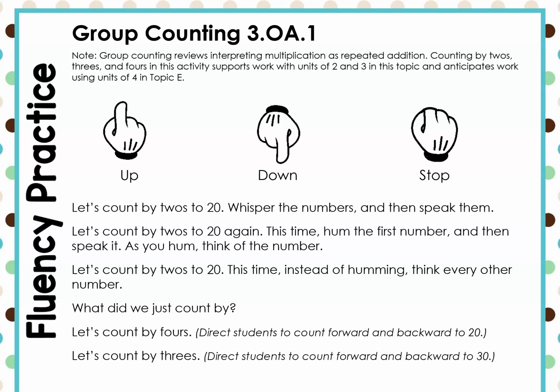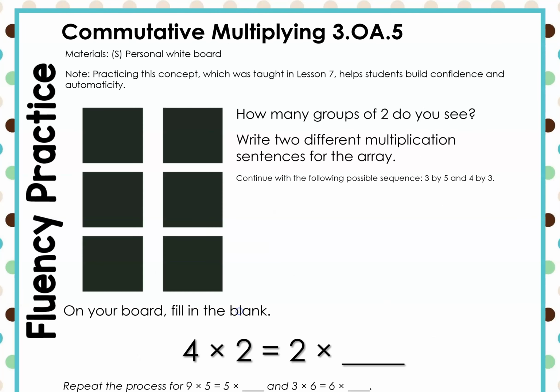Okay, we're going to keep moving on, but anytime you need help counting by a certain number, practice it that way by whispering the numbers first, then humming them, and then eventually you'll be able to just think them in your head. Very good job with that.